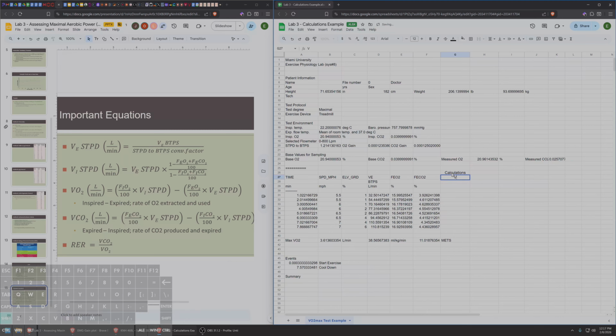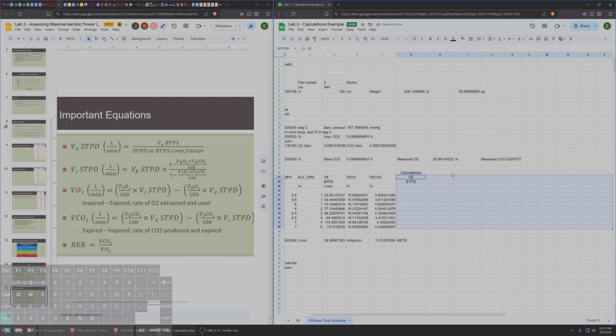And here we'll start with VE. That's going to be in standard temperature, pressure, dry. I'm just going to give myself a little bit of leeway here and do justified left. VI, standard temperature, pressure, dry. We'll do VO2.